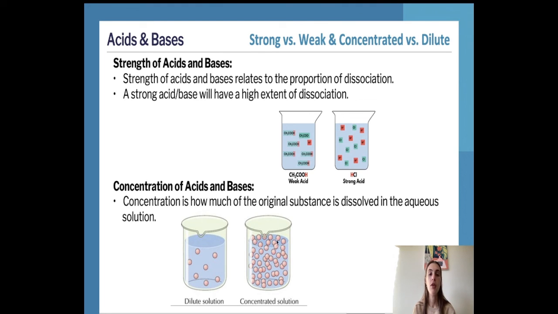Whereas in a dilute solution, we have very few of those acid or base molecules in the solution, so we consider it to be dilute. So that's very important to consider when talking about the properties of acids and bases and knowing what a strong acid or a strong base is.